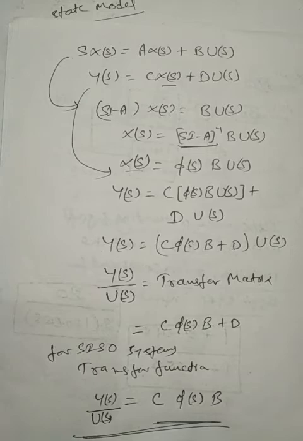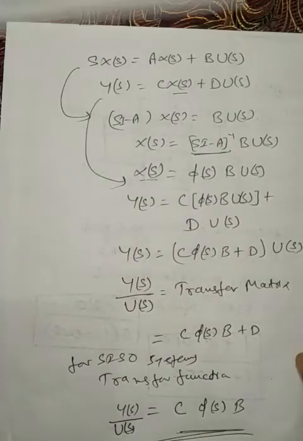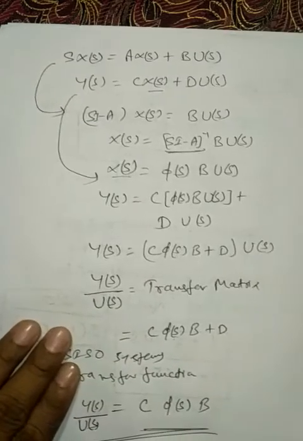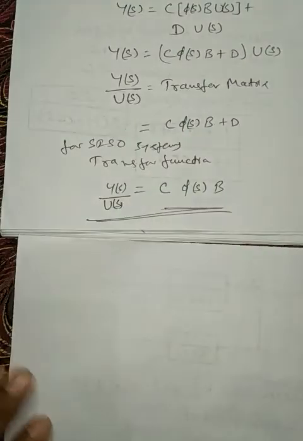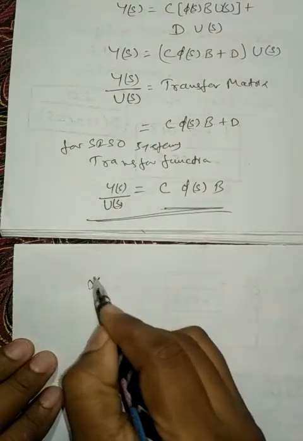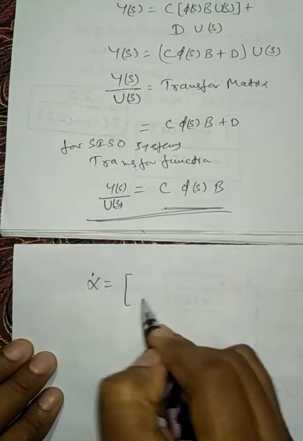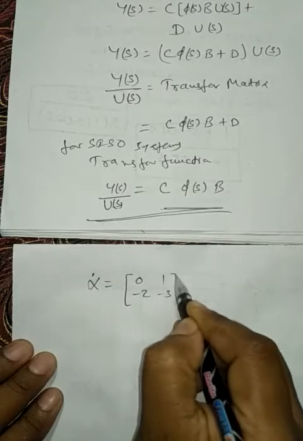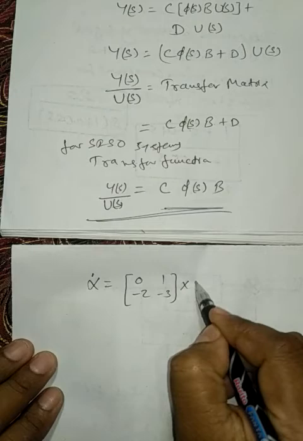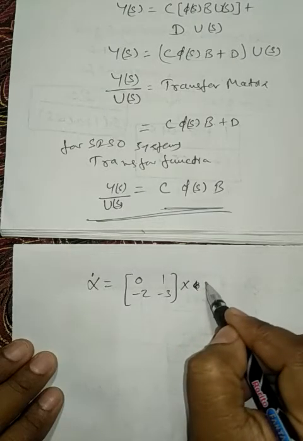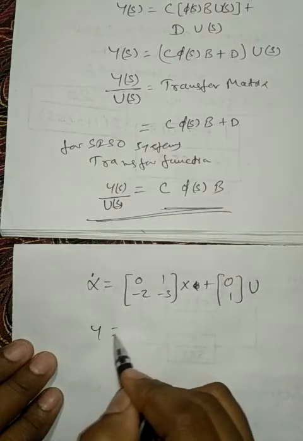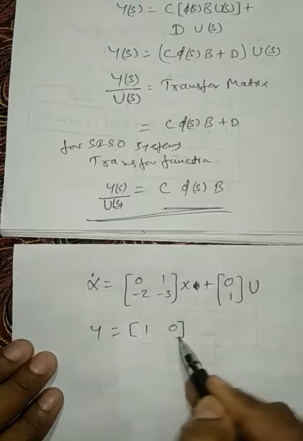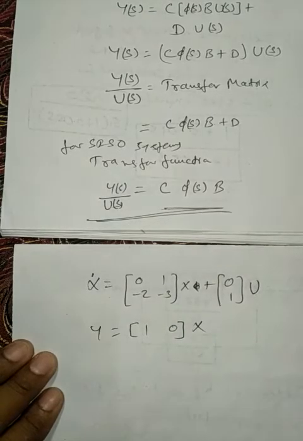For example, if I have a system like x dot is equal to [0 1; minus 2 minus 3] x plus [0; 1] u, and y is equal to [1 0] x, right?